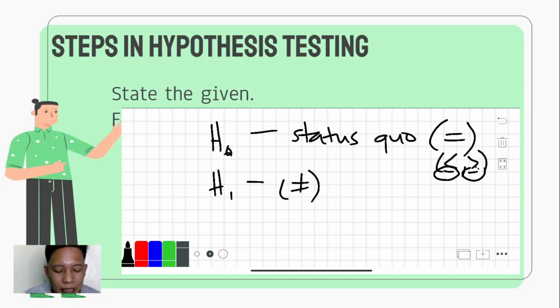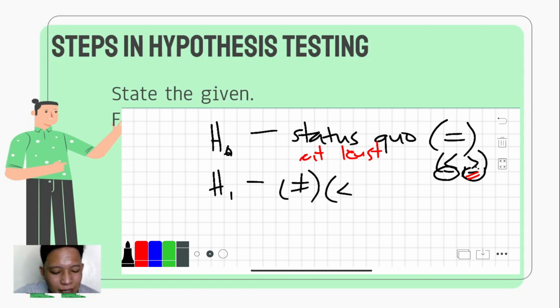Okay? But if our null hypothesis, let's say for example, deals with the statement na sinabi ay at least. Kapag sinabing at least is greater than or equal to. So if it's greater than or equal to, then our alternative hypothesis is its complement.